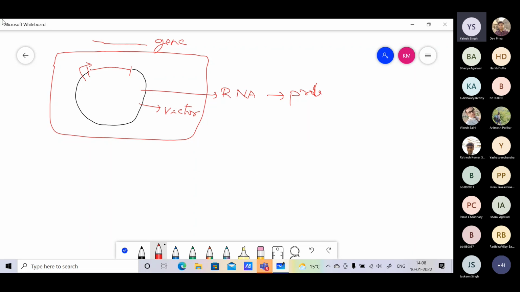Okay, so whether we are seeing the protein and all these things have to be seen on the gel or by various techniques that we need to know. Now, what are those various techniques which allow us to visualize the gene? Allow us to visualize how the gene enters the vector. How do you visualize that the vector plus the insert, which is called a chimeric plasmid, enters the cell? How do these cells grow and produce the RNA and then produce the protein?